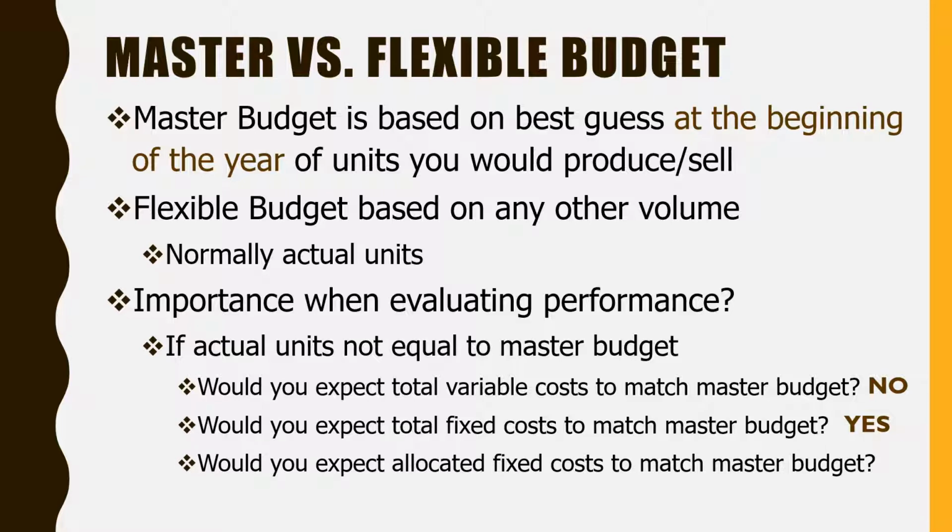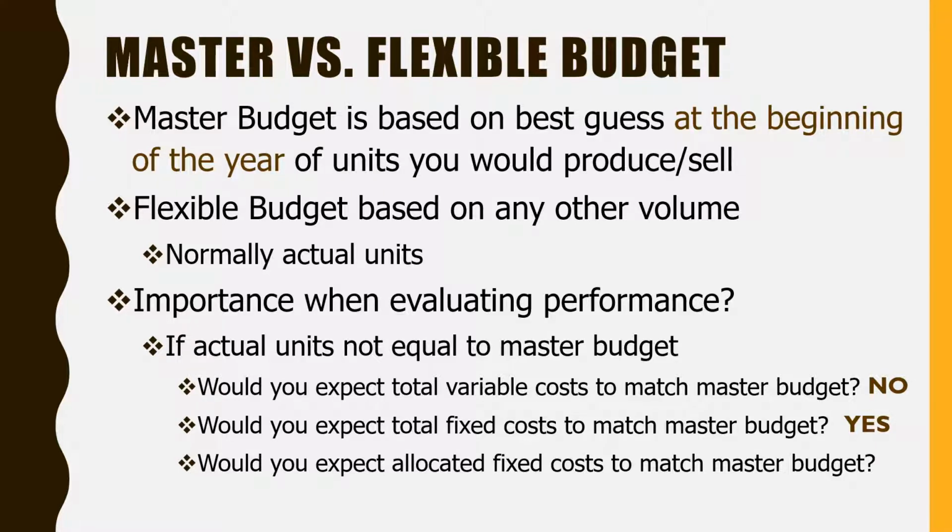Lastly, would you expect allocated fixed costs to match the budget? In some books they call it applied, and some they call it allocated. I'm going to use allocated, but if you learned applied, just substitute that word. The allocated fixed costs, thinking back to those job order chapters, occur because we take a rate, and every time we manufacture a unit, we take that fixed factory overhead rate and add that to work in process.